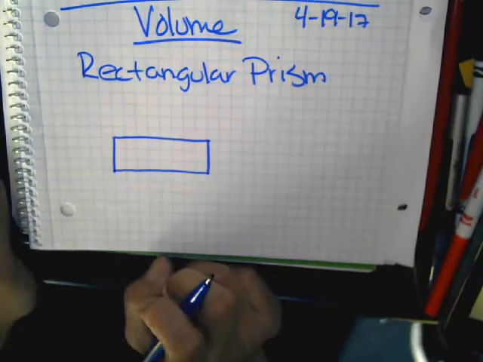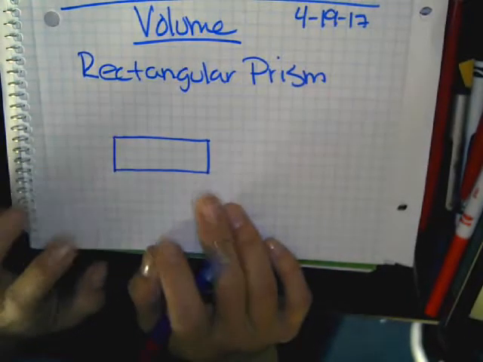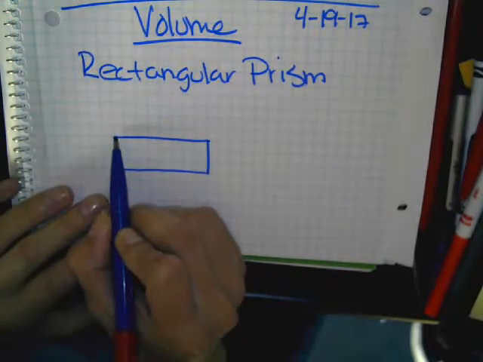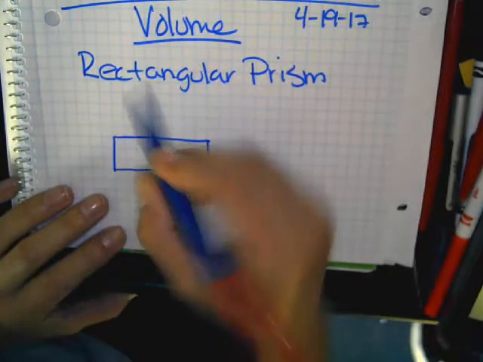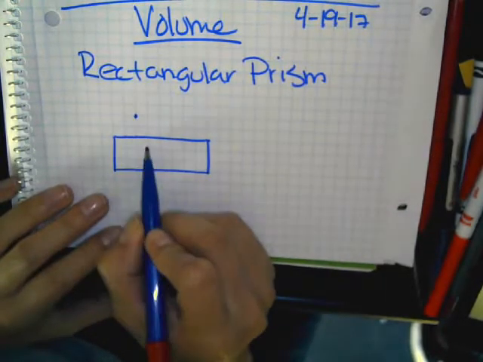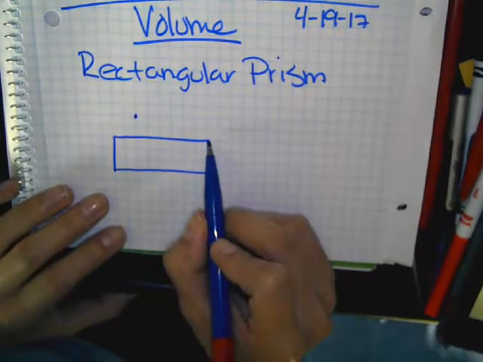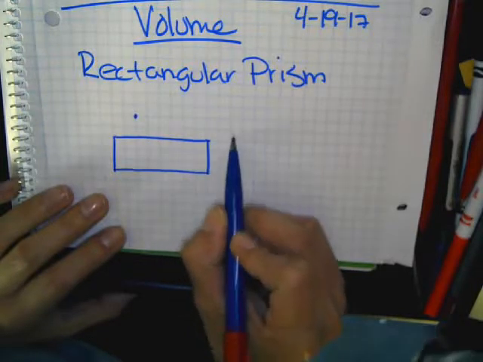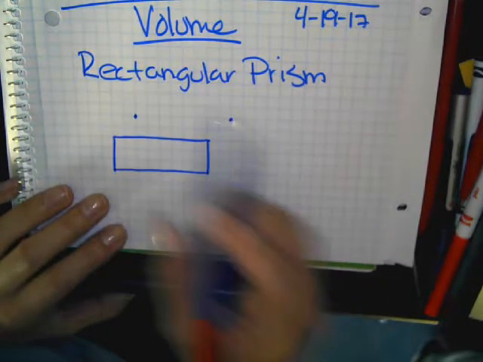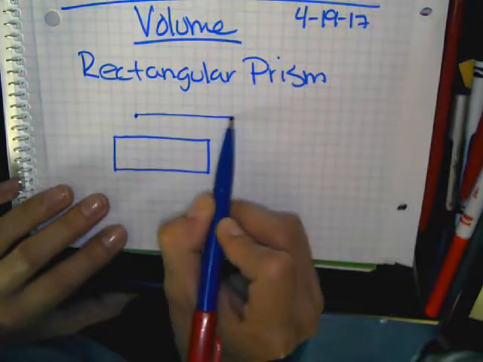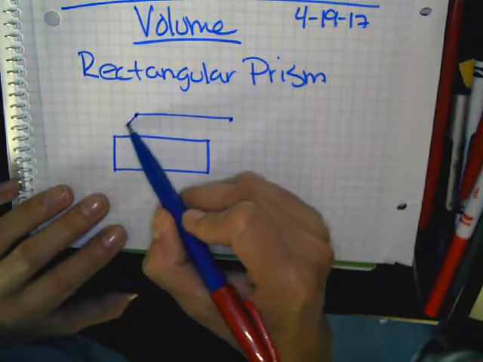Now, to make this 3D, because this is 2D, I want it to be 3D. From this corner, I'm going to go over 2 and up 2. Put a dot. Over 2, up 2. Then from this corner, same thing. Over 2, up 2. I'm going to connect these two. And then connect this.